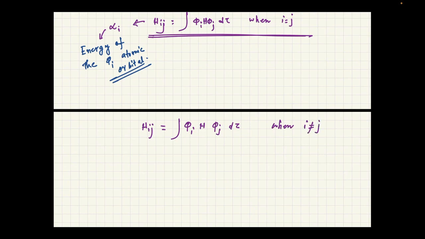Then it will be just the interaction energy between phi i and phi j, and this will be denoted as beta ij, and this is called resonance energy.